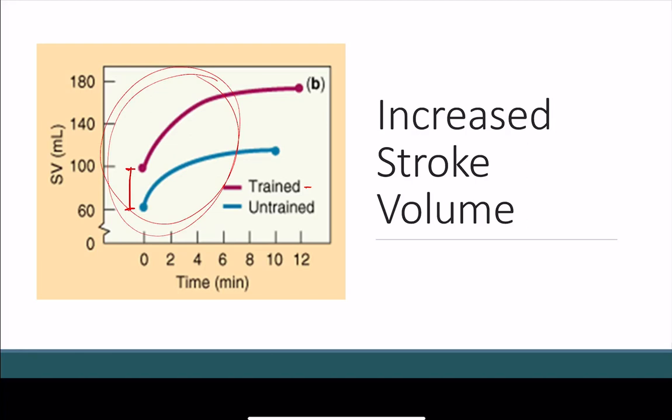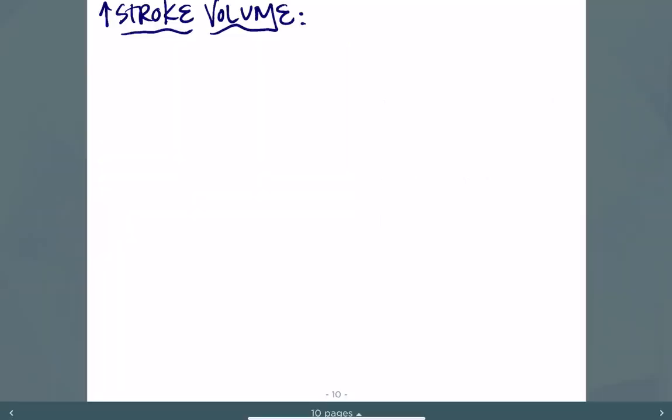So how does training increase stroke volume? Let's put together some concepts that we've already talked about and see how they all become interrelated here at the stroke volume piece. So we've talked about how the heart gets bigger. So we can increase stroke volume because we have increased left ventricular volume and mass. That's all that hypertrophy that happened.